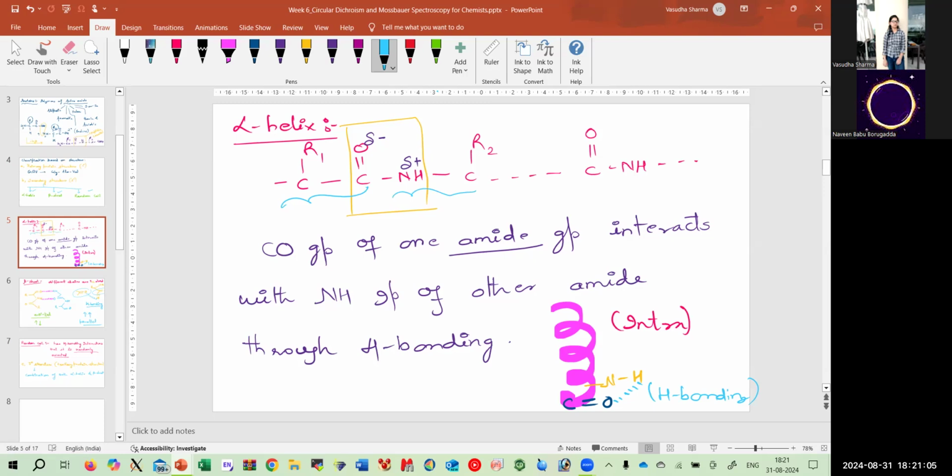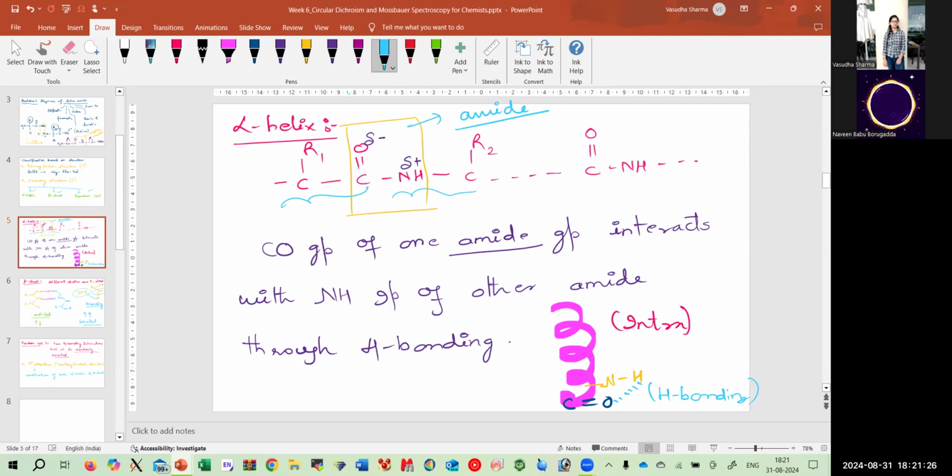So if you will see this particular peptide bond or amide linkage, here we have a charge distribution where carbonyl oxygen is having the negative charge density, whereas the amide NH is having the positive charge density.